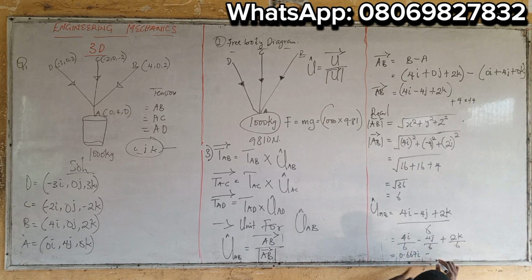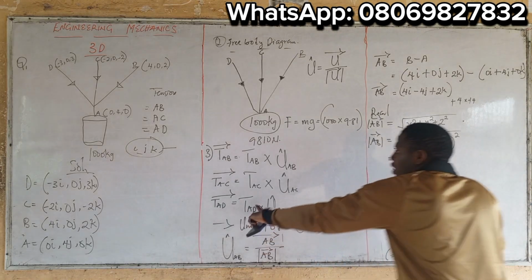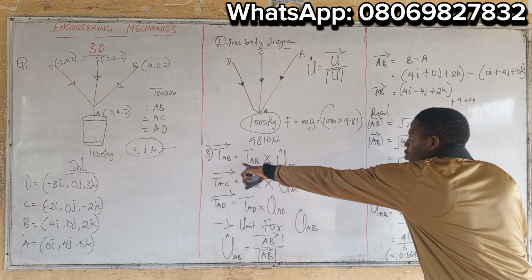Minus 4 divided by 6 is 0.667j, plus 2 divided by 6 gives 0.333k. So we succeeded in getting our unit vector for the first one, which is A.